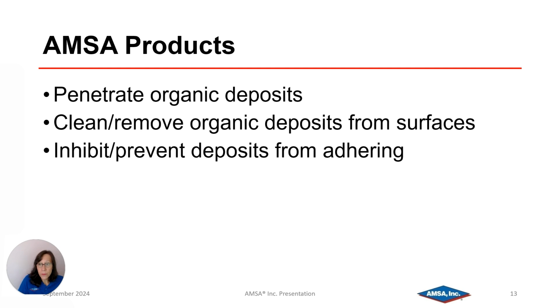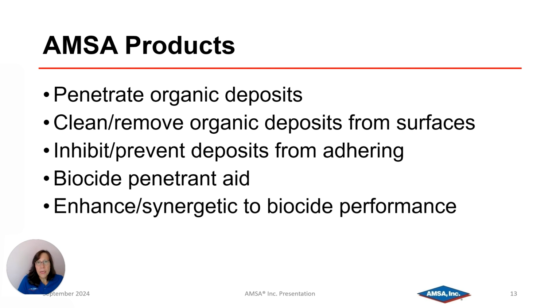When used on a regular basis, AMSA products can help inhibit and prevent deposits from adhering to surfaces. They act as a biocide penetrant aid and help the biocide get into biofilm deposits to kill biofilm bacteria. And in this way, they are synergistic to biocide performance.